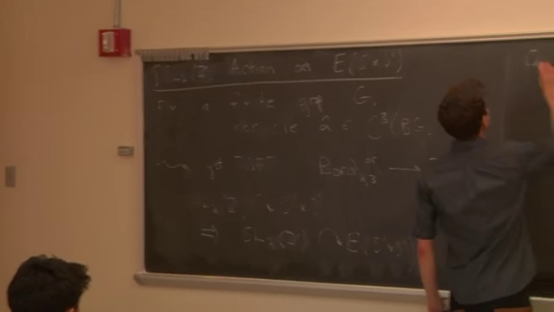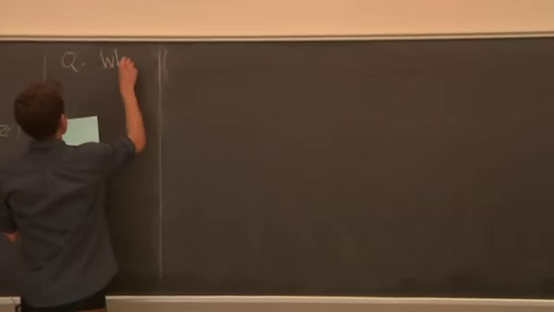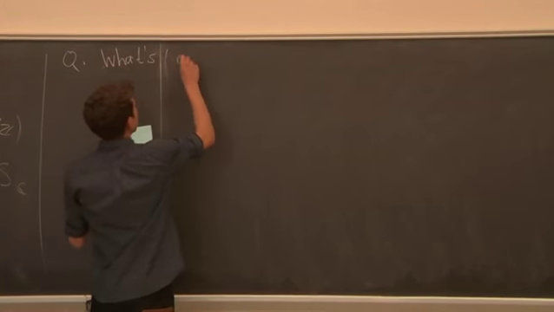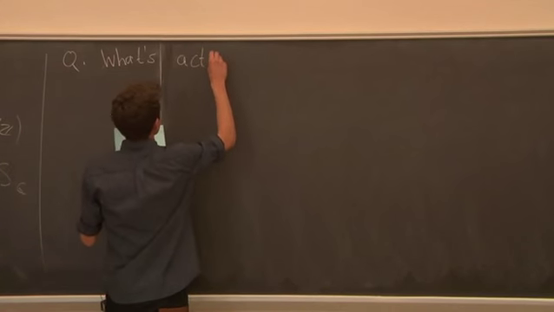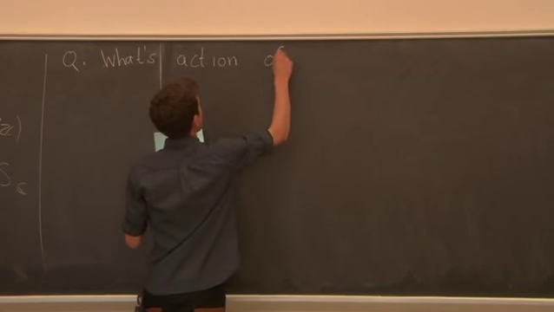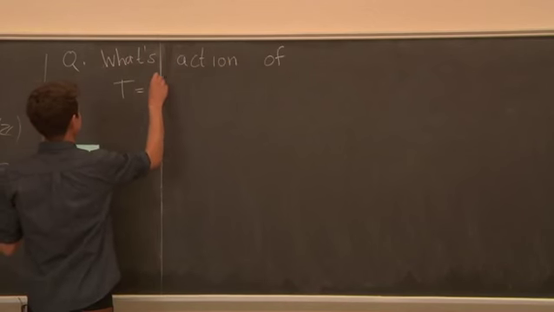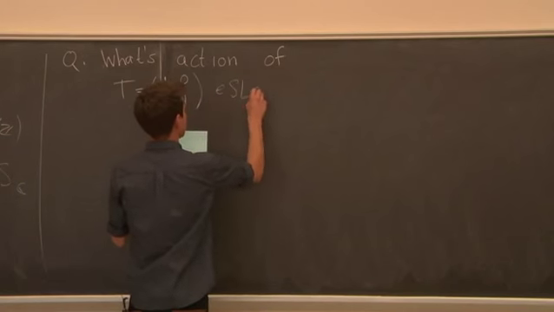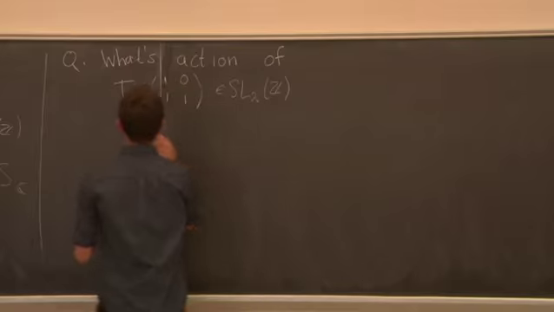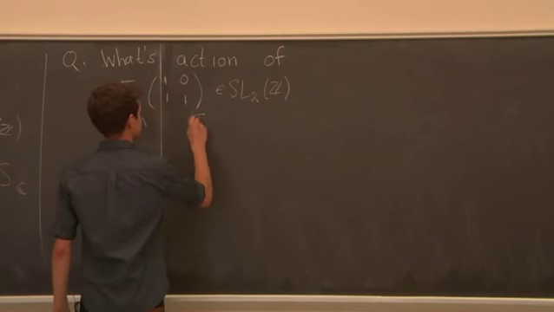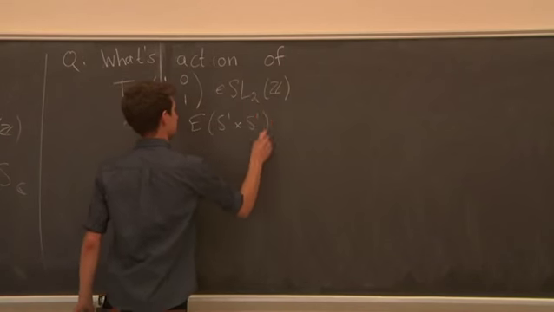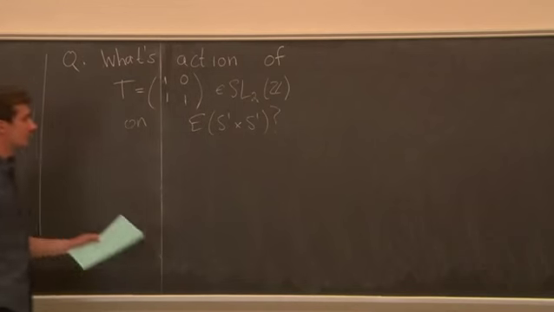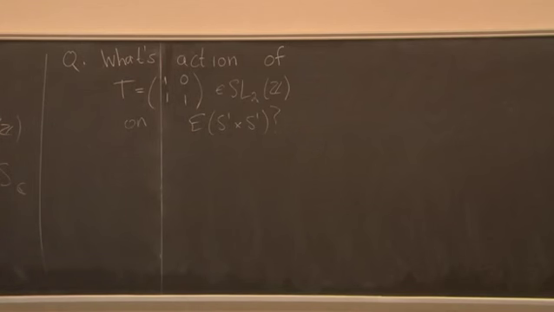And what we're going to investigate is what's the action of one of the generators, specifically this one, on the vector space we associate to the torus for this theory. And we're going to use these cutting and pasting properties and the extension of this functor to compute this.